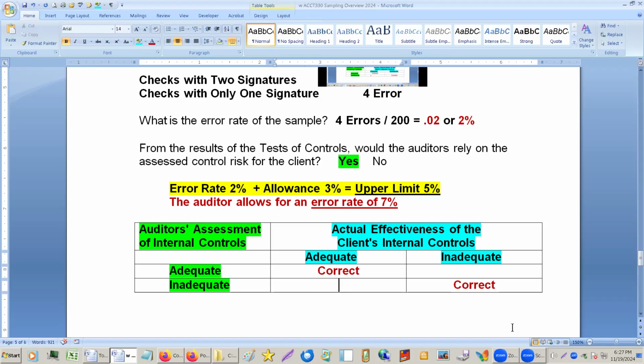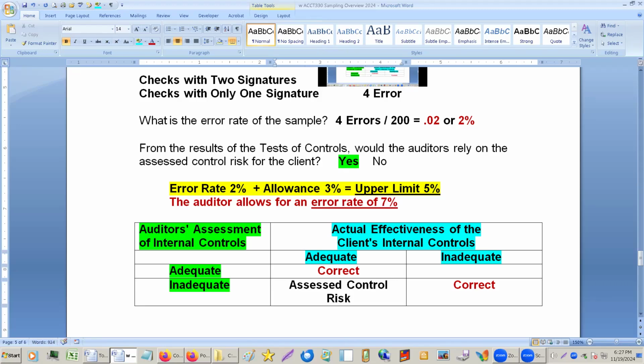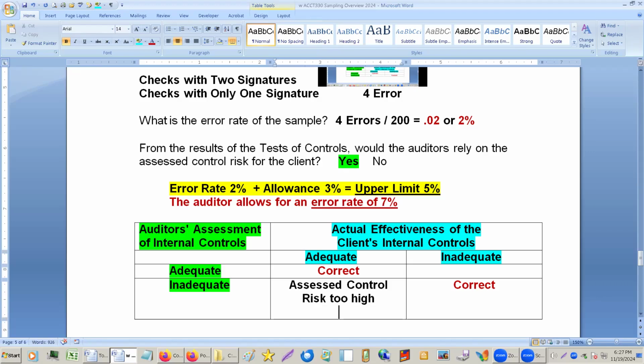So our assessed control risk is too high.